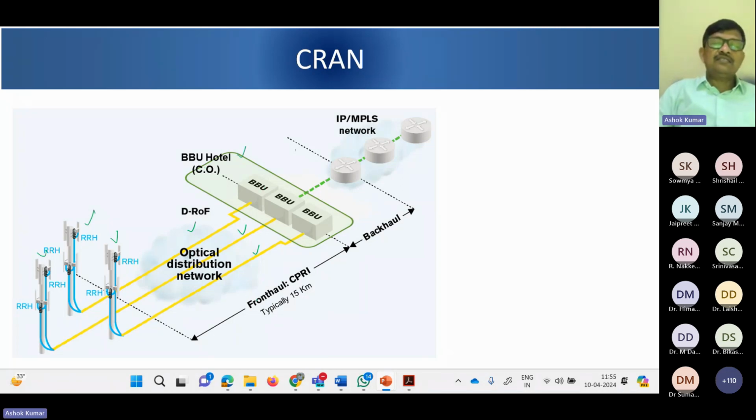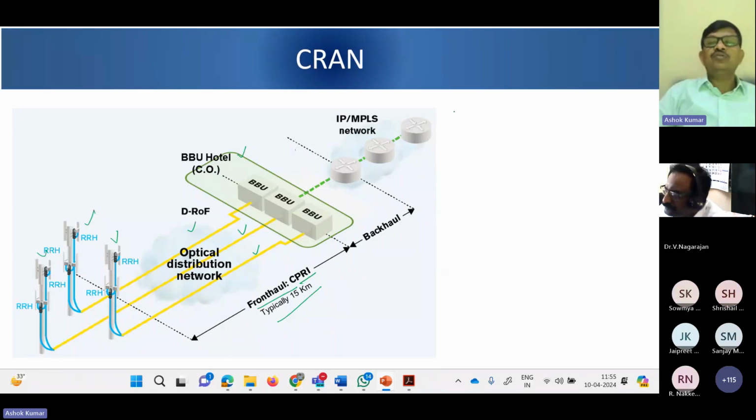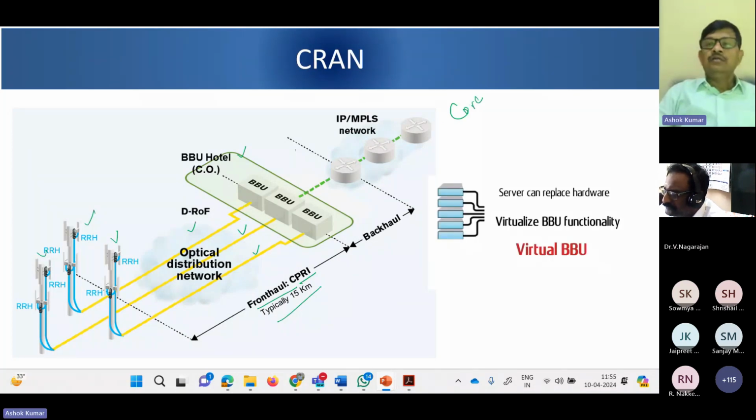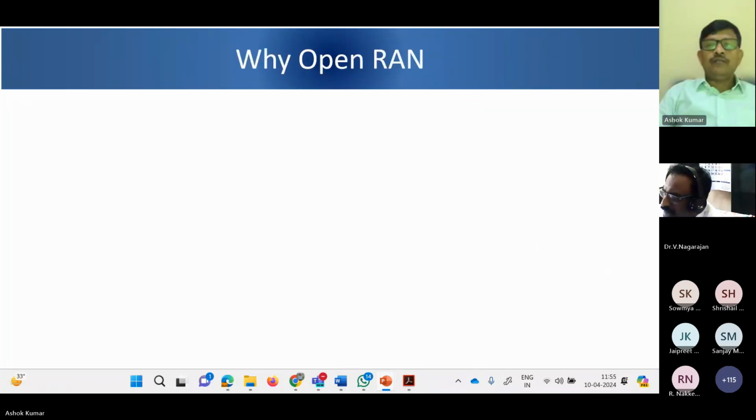And this distance is typically 15 kilometer. We call it fronthaul, and the protocol followed is CPRI. And from the BBU, I can aggregate and it can go to the core equipment through backhaul. So this is the concept of CRAN.